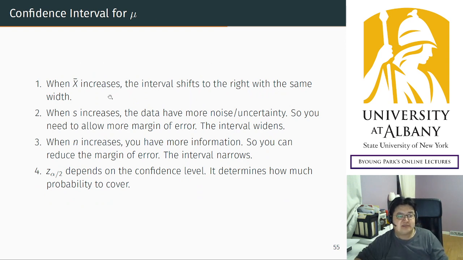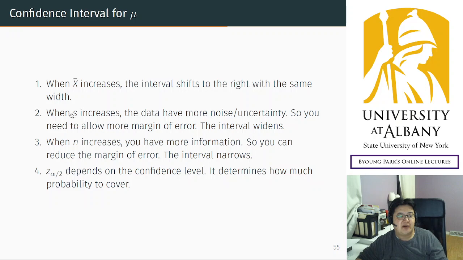So when x bar changes, it's moving parallel, right? The point estimator is always the center. So if it changes, the margin of error is not affected, but the interval moves parallel.